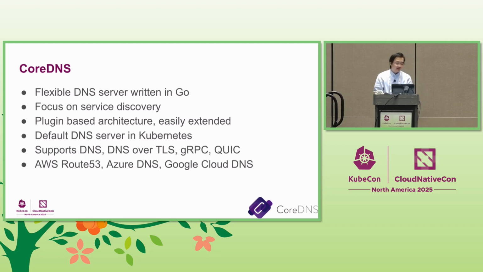CoreDNS is, first and foremost, a DNS server, so it supports the DNS protocol, but it also supports DNS over other protocols like DNS over TLS, DNS over gRPC, and DNS over QUIC. Another nice feature about CoreDNS is integration with different cloud vendors.